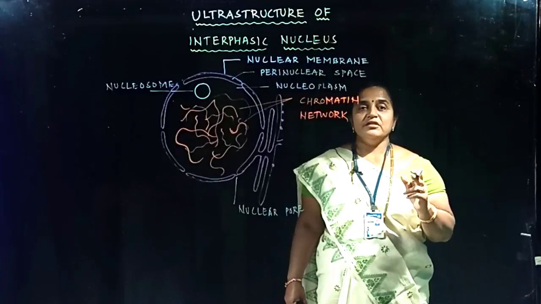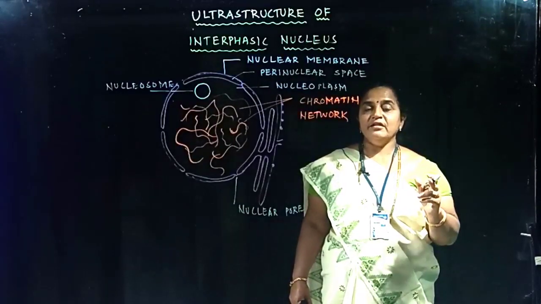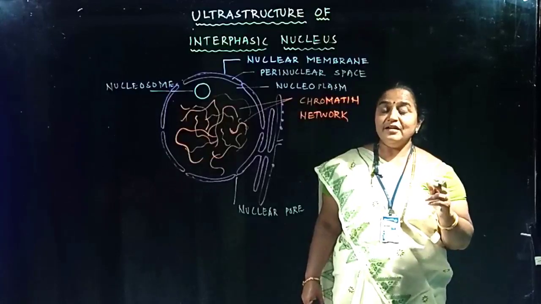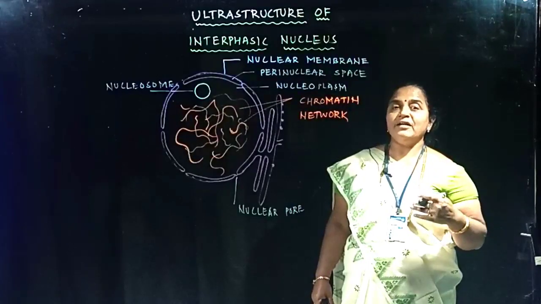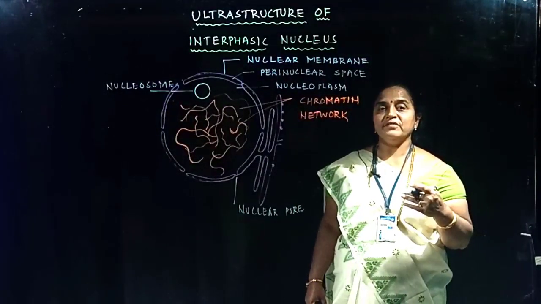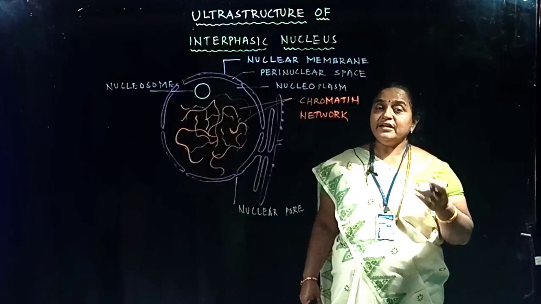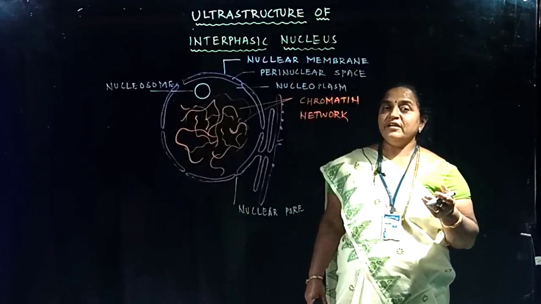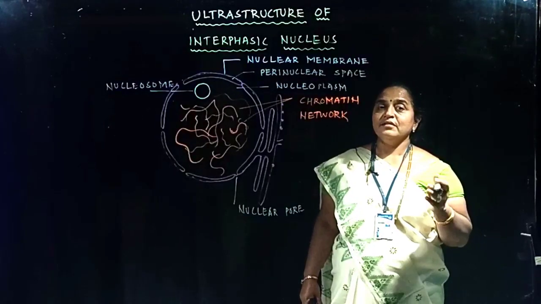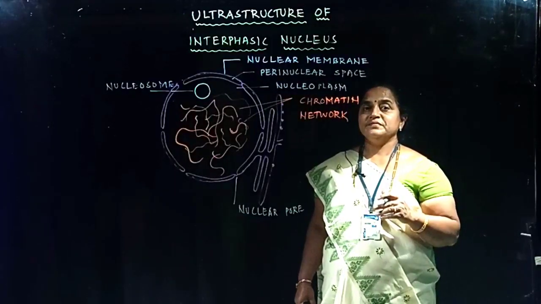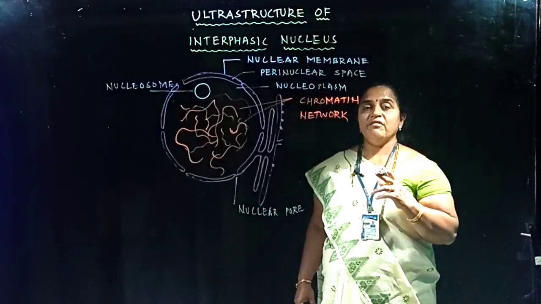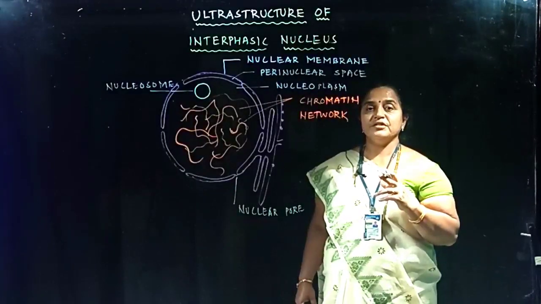We learned the structure of mitochondria, known as the powerhouse of the cell. Then we learned plastids under the heading chloroplast, leucoplast and chromoplast. The detailed structure of chloroplast was studied, and in today's session we have learned the nucleus ultrastructure.